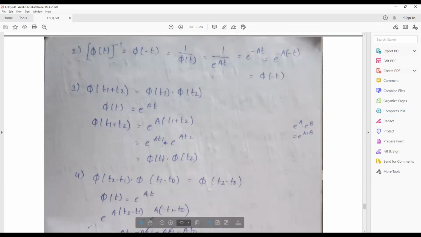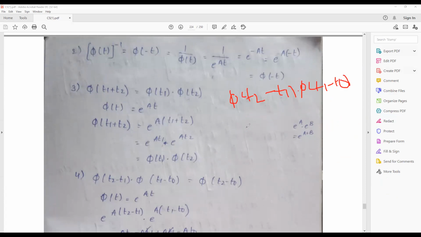Using the e power A formula, this is e power A into t2 minus t1 into e power A into t1 minus t0.